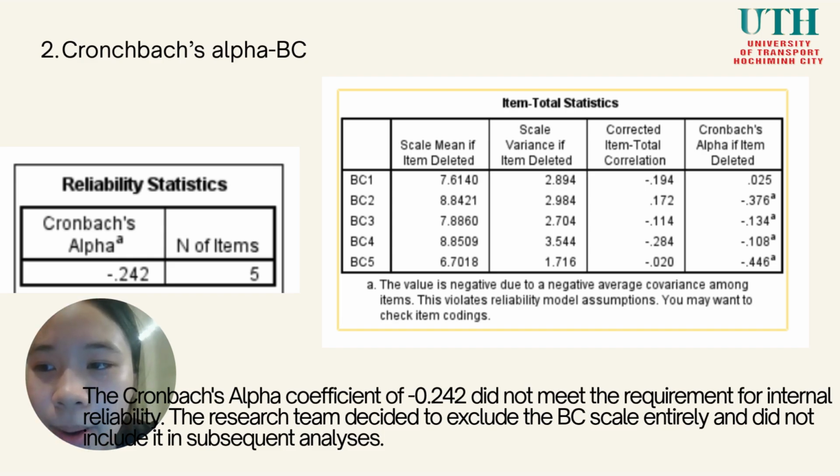This is the more critical part of the analysis to pay attention to. For the PC scale, which consists of five items, the Cronbach's alpha coefficient is a negative value, specifically less than 0.242. Scientifically speaking, this is an anomaly, as the value typically ranges from 0 to 1.